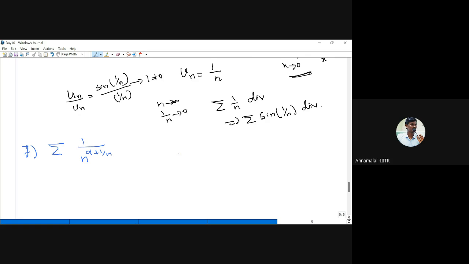So what is our un? Un is nothing but 1 by n power alpha plus 1 by n. I am not saying anything about alpha. So you have to specifically inform for what values of alpha this converges, and for what values of alpha this diverges. Now, what am I going to choose?